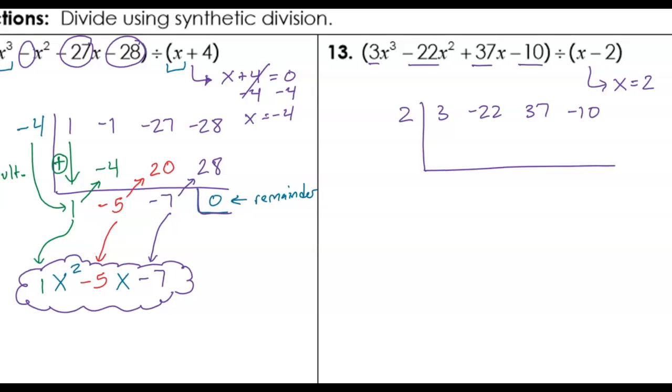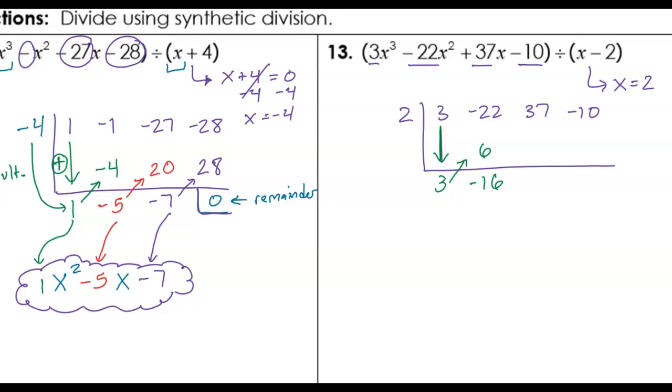First step, bring down the first term, 3, and then you're multiplying. 2 times 3 and you get 6, and you're placing that inside your division house in the next slot. And then you do negative 22 plus 6, and you get negative 16.